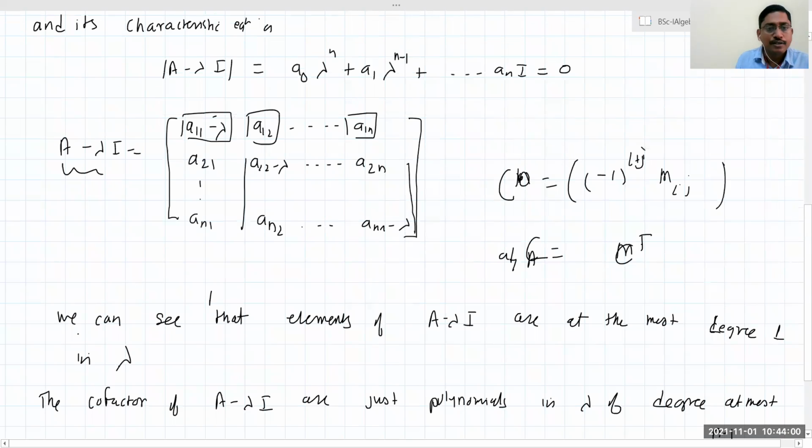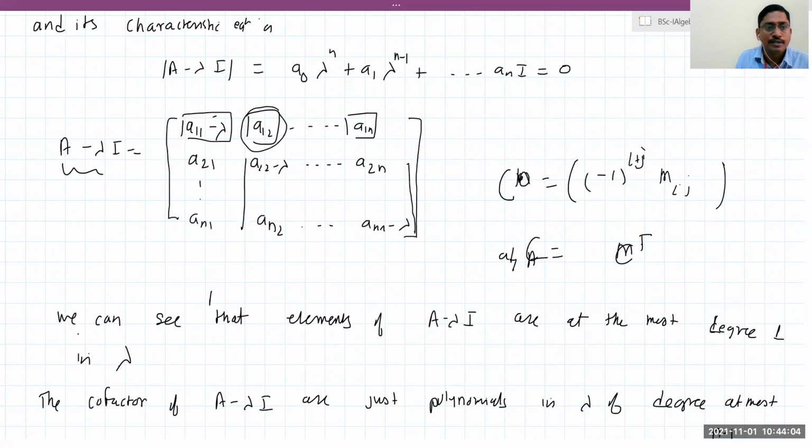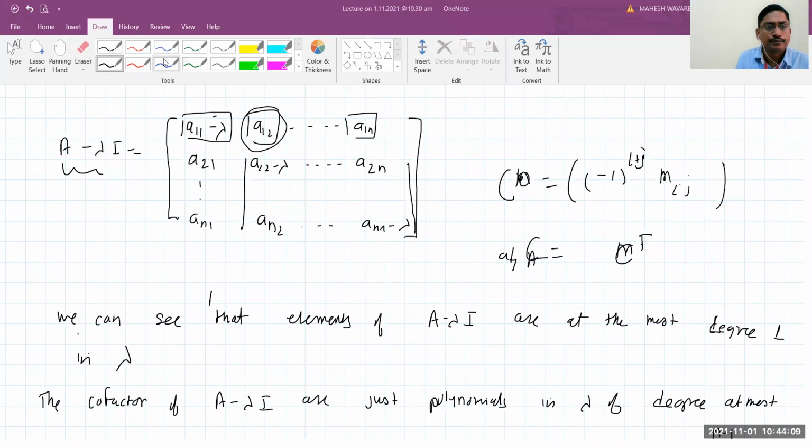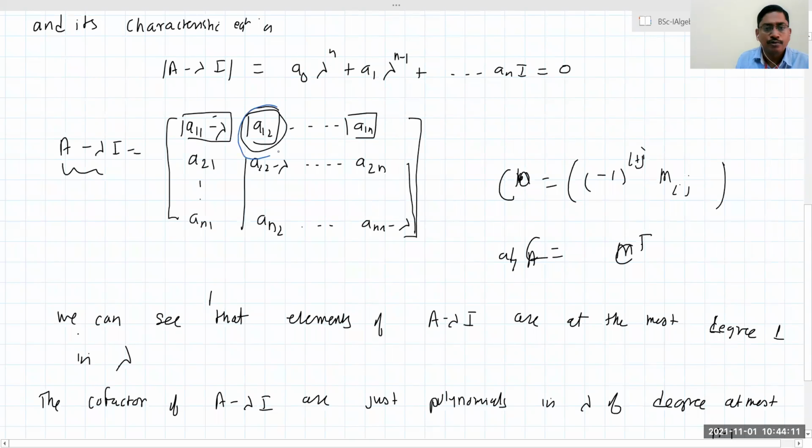Suppose you want to calculate the minor of this entry. That means you delete this row and column and write the remaining determinant. In that, lambda is involved at most n minus 1 times, which means it has degree at most n minus 1.